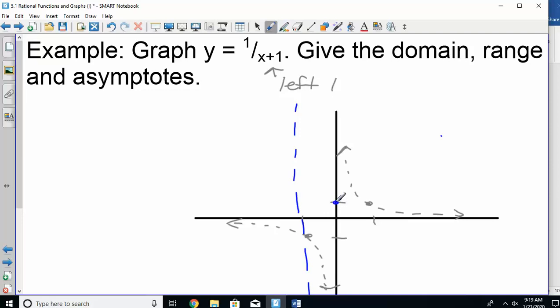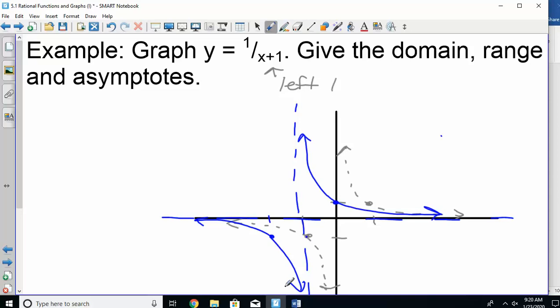So then if I move my point left 1 and sketch in my curve, my horizontal didn't move. This left 1. Yes, so your blue line down, you do left 1 also.